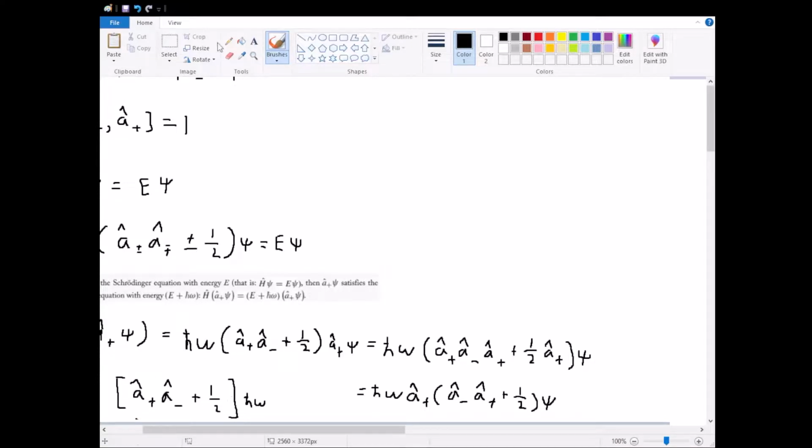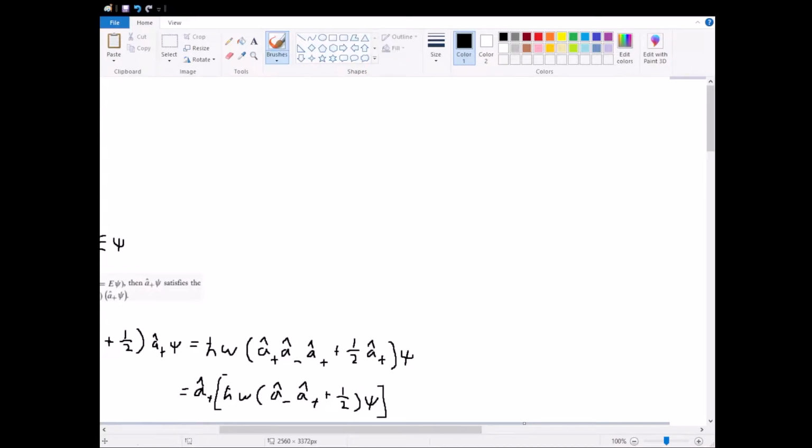And now what we're actually going to do is move this out again, because these are just constants, so it doesn't matter what happens to the constants. Constants will commute perfectly fine. And we're going to move the a hat plus out to the left, and it's going to act on this entire thing, h bar omega times this whole expression right here.